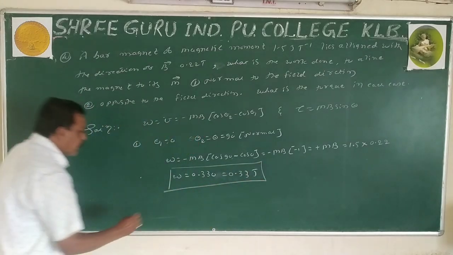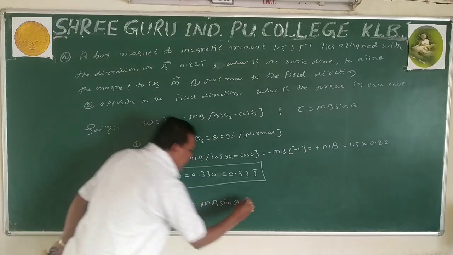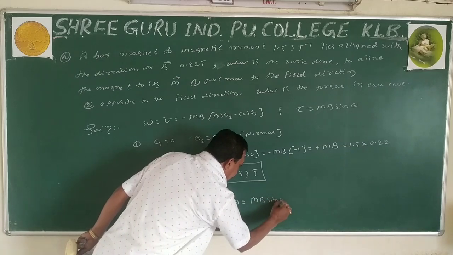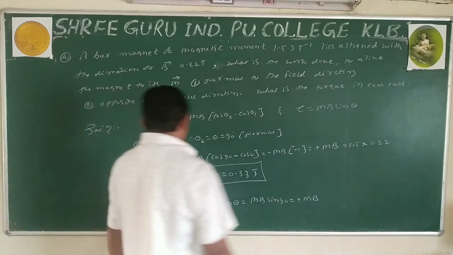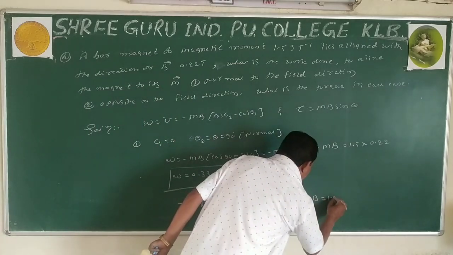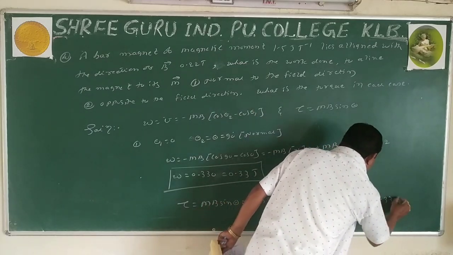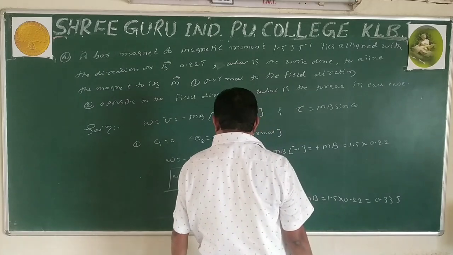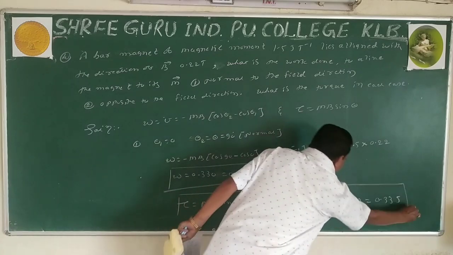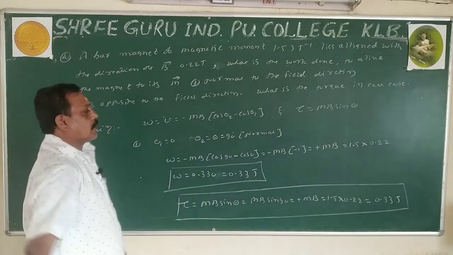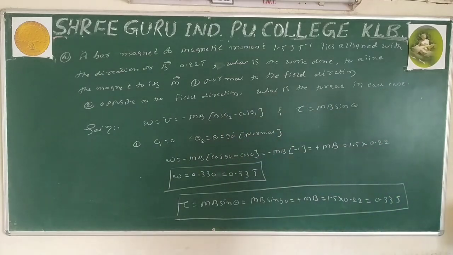And torque tau equals mB sin theta. mB sin 90 equals mB, the same as the work done, that is 1.5 into 0.22, simply 0.33 joules. Torque and work done are the same in the first case.